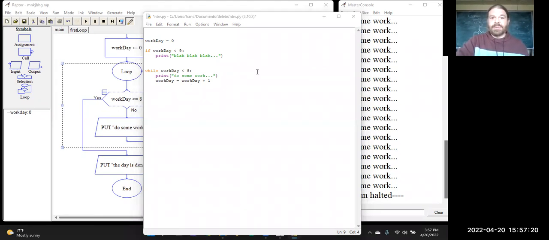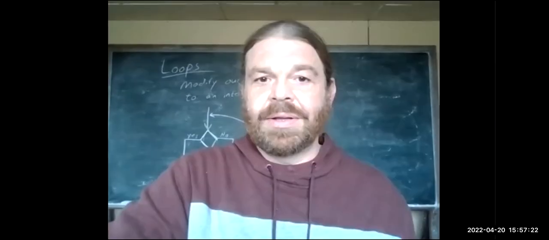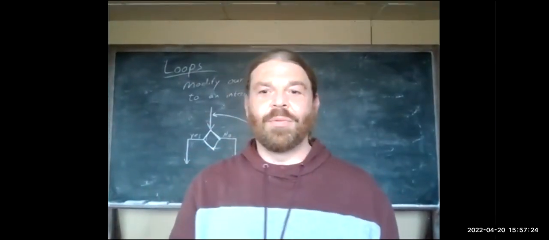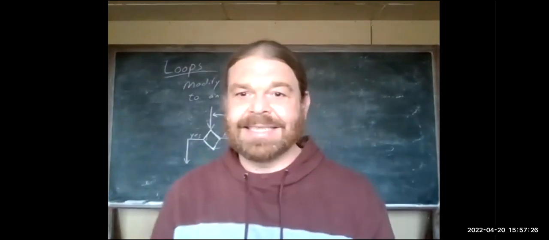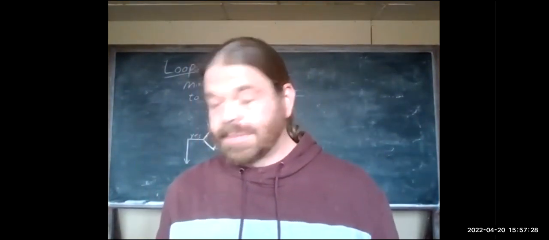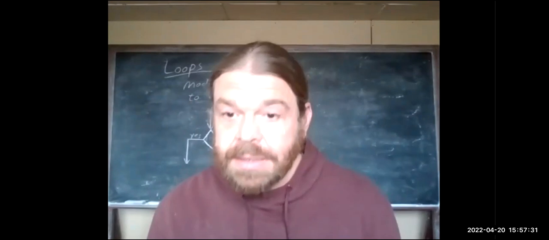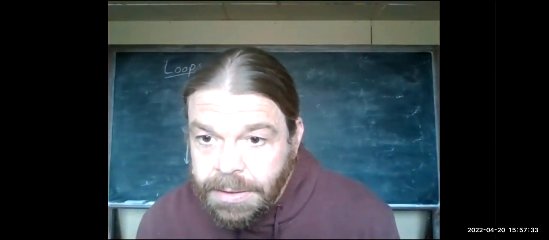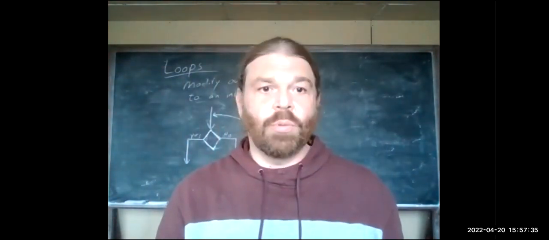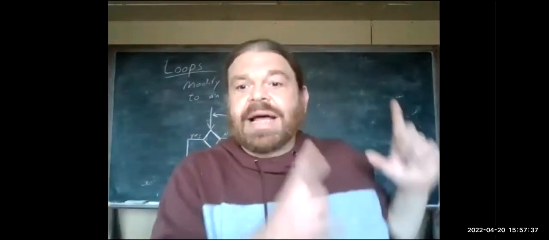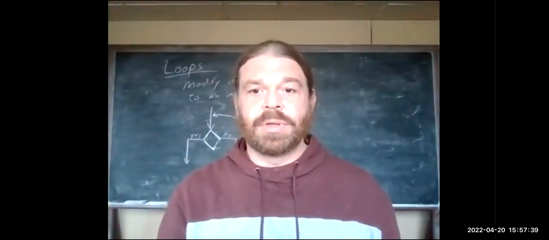So we only have the one option there. Our other option for the branch is tied up. Any other questions? And while that condition is true, then we keep doing it.